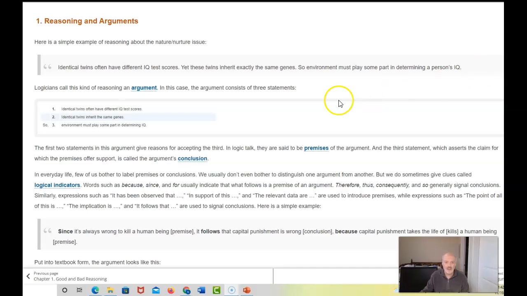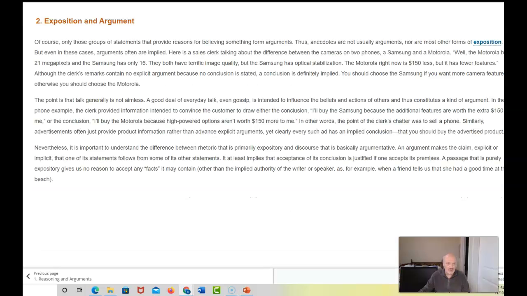So first, just to remind you of where this material is covered in the text, pages 4 through 7 introduce arguments and the nature of argumentation itself in this section. Then a discussion of the difference between a couple of different kinds of things.